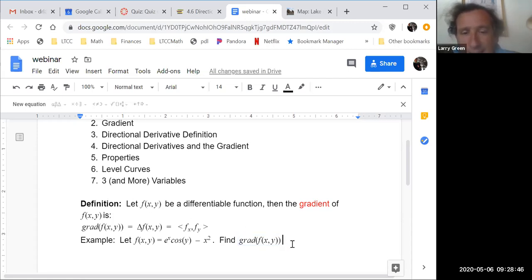And the idea is there's nothing mysterious about this. So what do you think it is? Let's see if you can do it. I know I haven't done an example yet, but I promise you there's nothing tricky. I'll start it out.